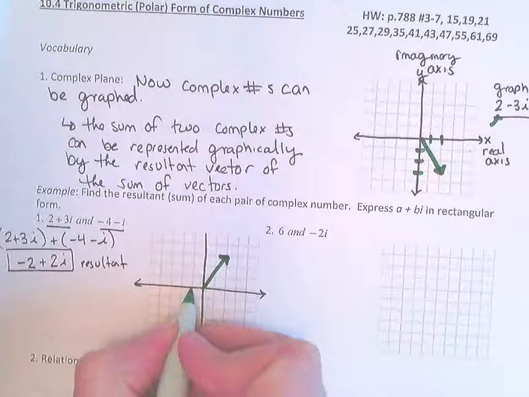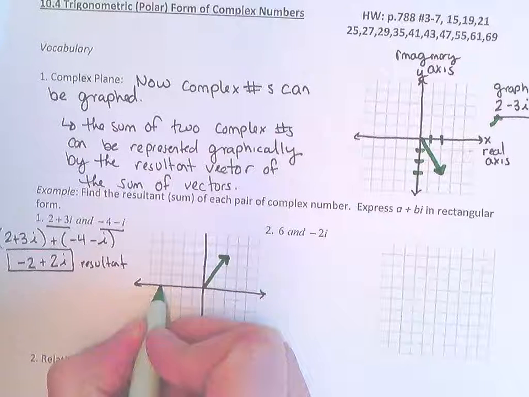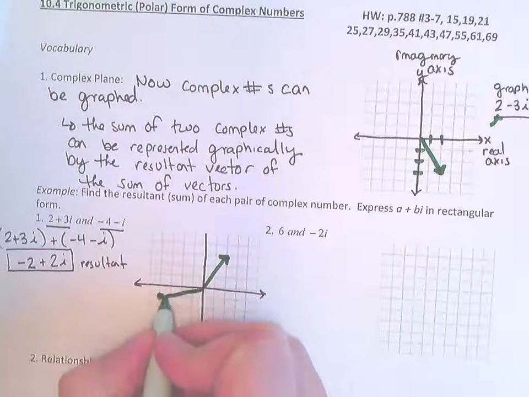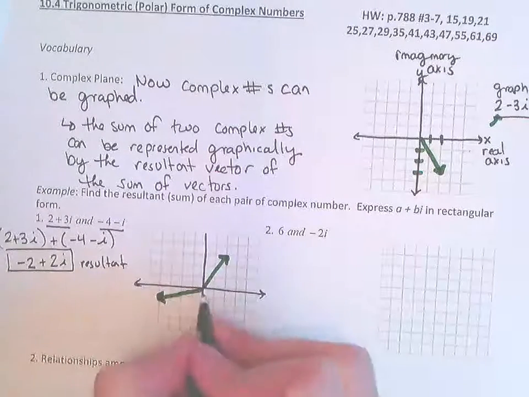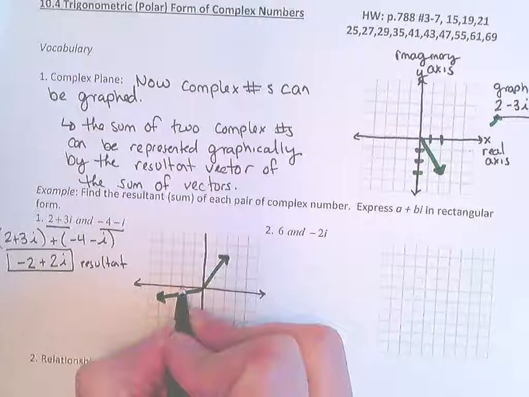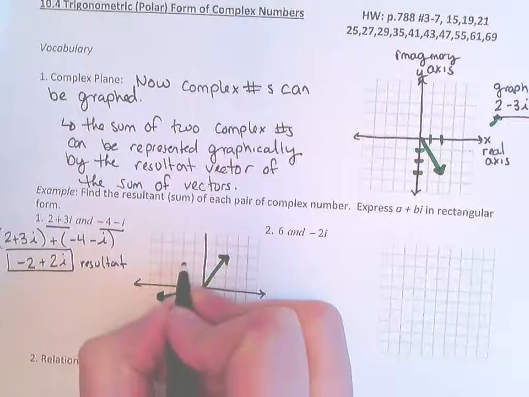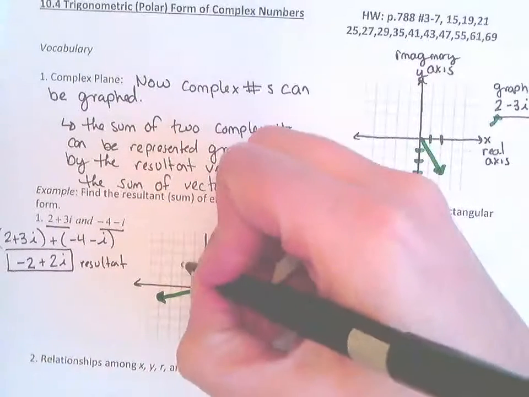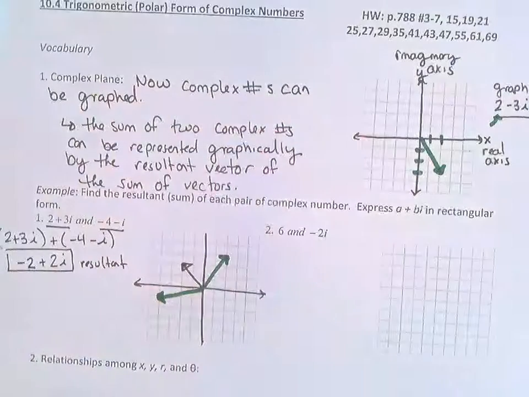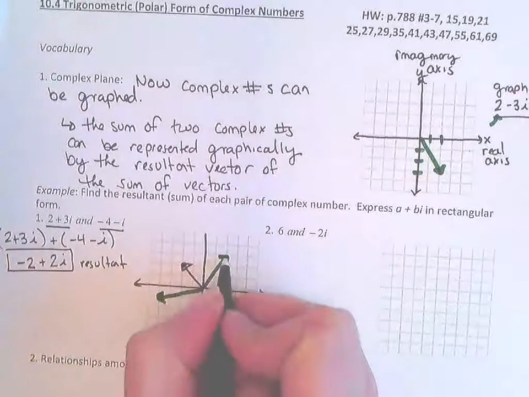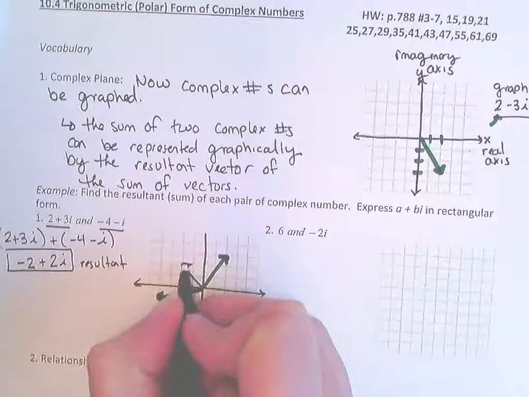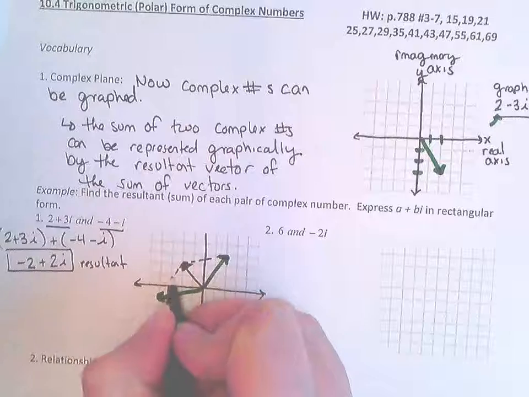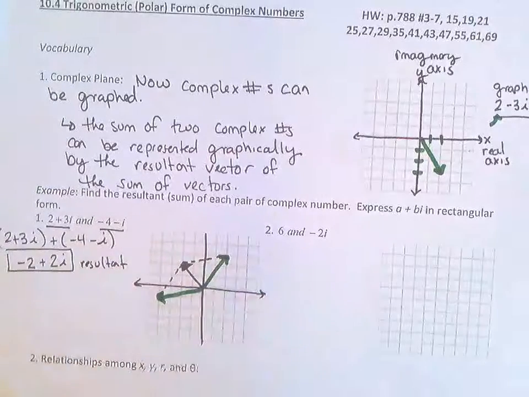So negative 4, and then minus i is right there. And then I'm going to graph the resultant vector, which is negative 2 plus 2i. To graph the rectangular form, you notice that the two vectors and their resultant vector, when you combine them, form a rectangle.